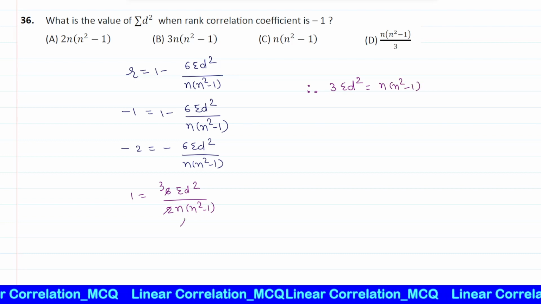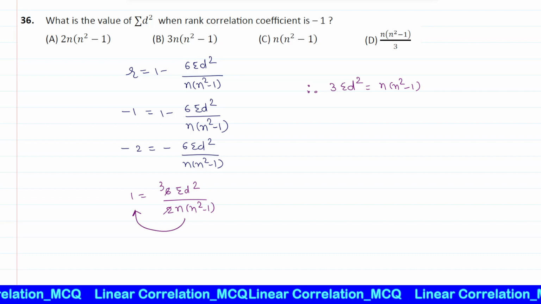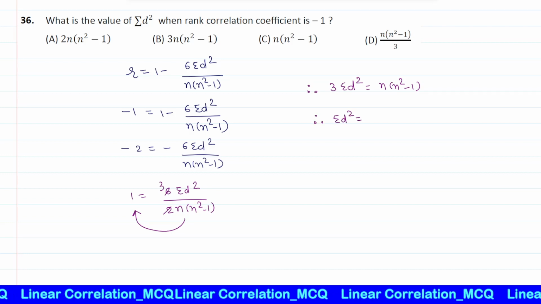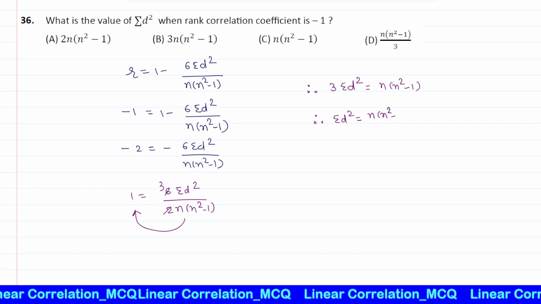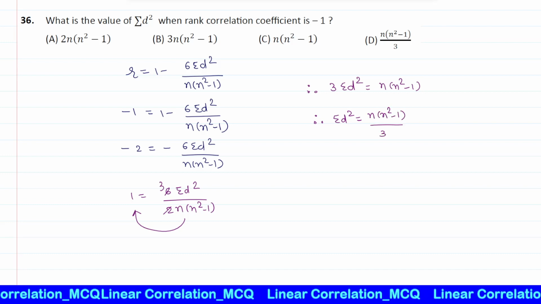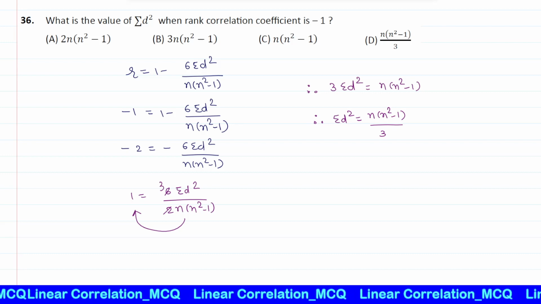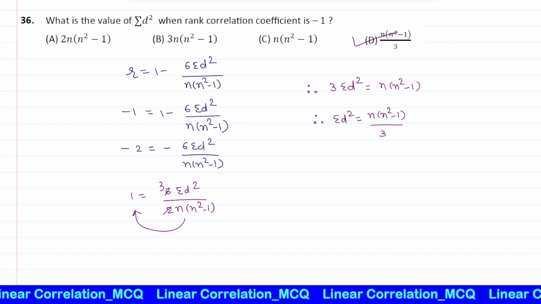Moving 3 to the other side, sigma d square equals n of n square minus 1 divided by 3, and it is given in option D. Option D is correct.